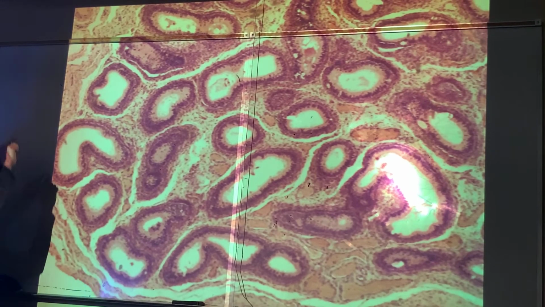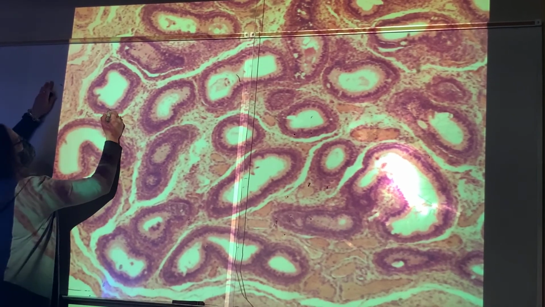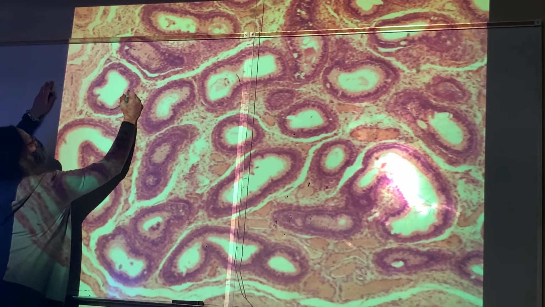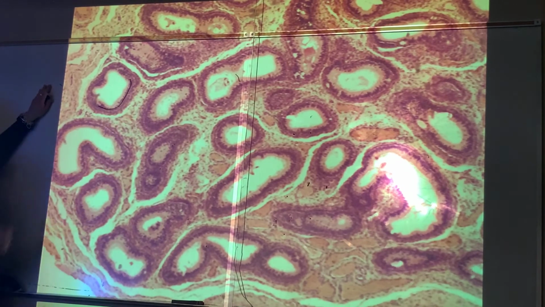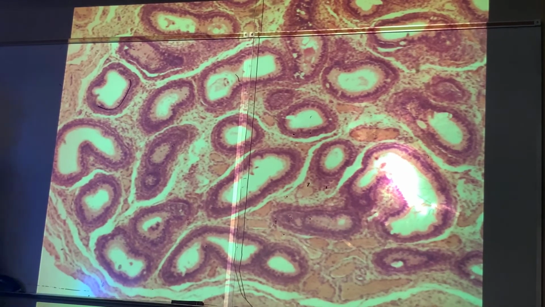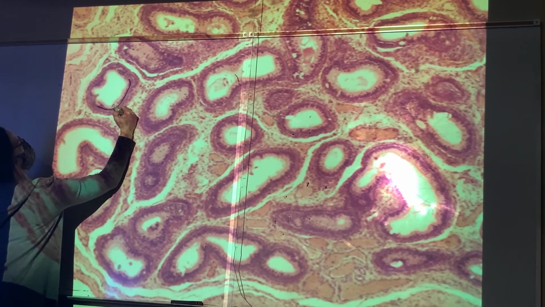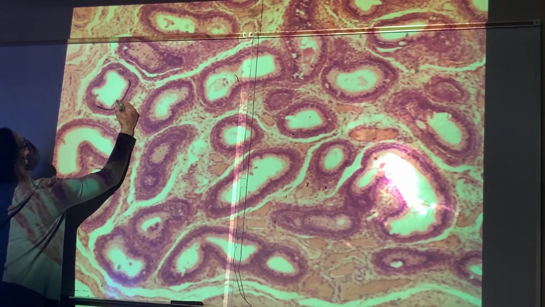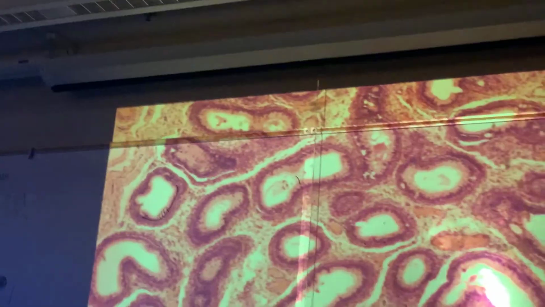And you can see that they're all kind of lining up together. If you look at the real dark purple stuff, it's all lining up, which tells me that's a single layer of some kind of epithelial cell. And since I can see what looks like the rest of the cell hanging up like this, chances are it's either simple columnar or pseudostratified columnar.